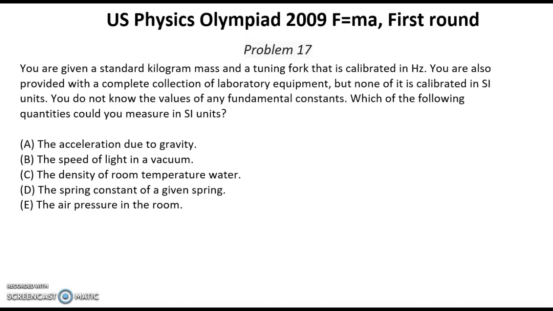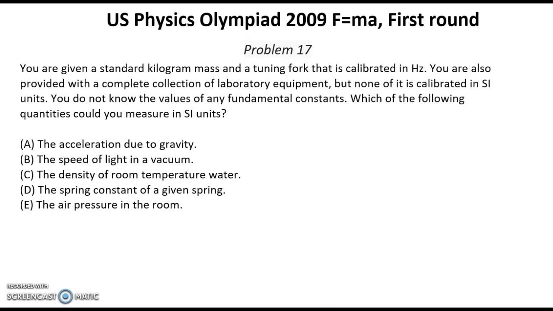Solution. Because we have a calibrated tuning fork, we can measure frequency for some equipment. And here we have a mass, and also if we check all 5 answers, we can see that D has a spring.